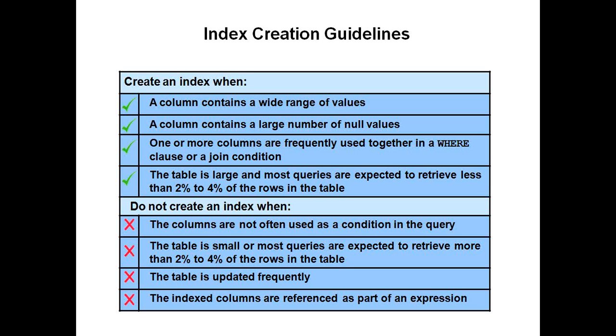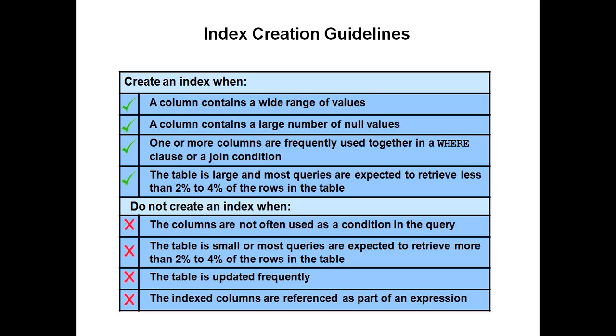When I say wide range of values, what I mean is more unique values. Suppose you take a gender column, the number of unique values under the gender column will be only 2, either male or female. For those kinds of columns, you should not create any index.